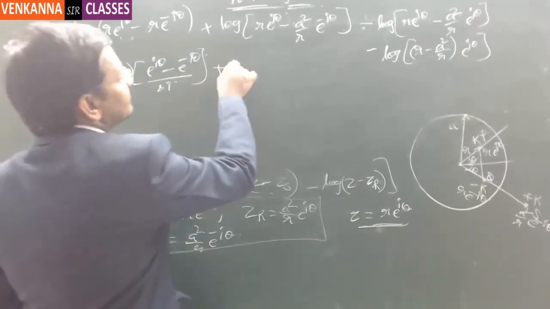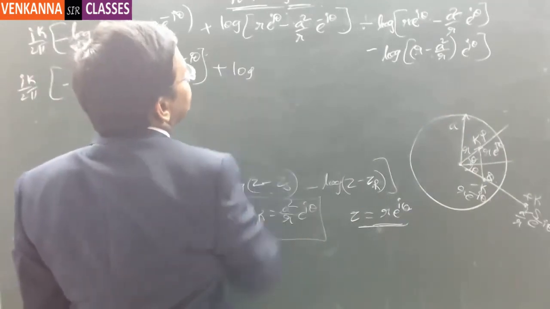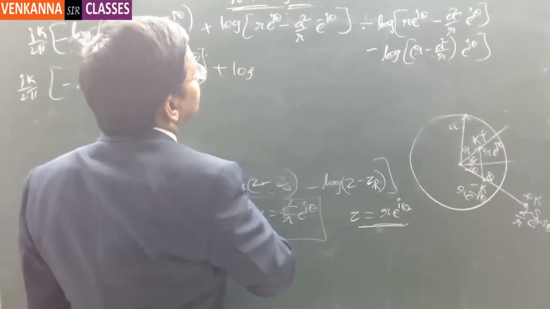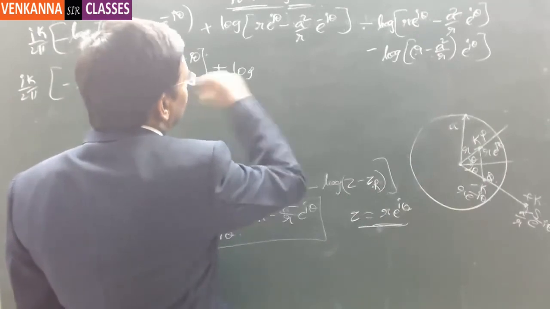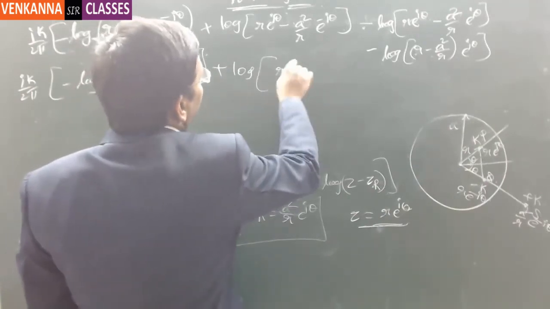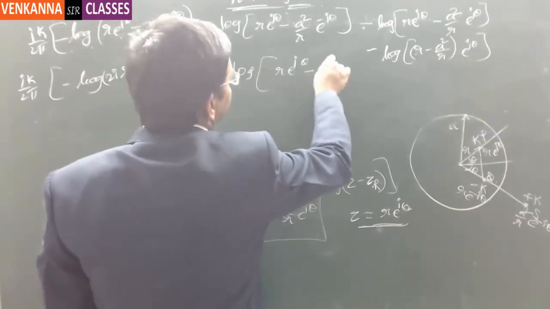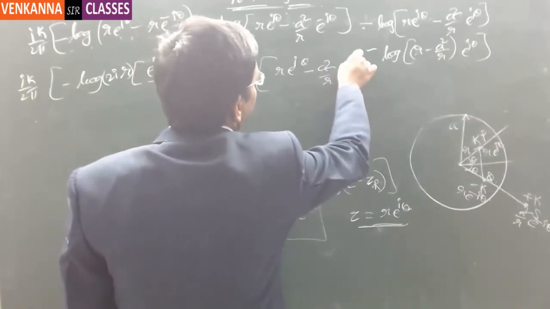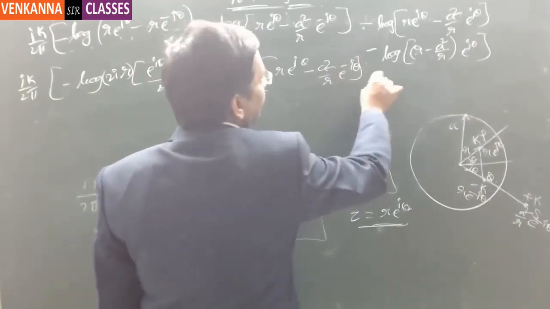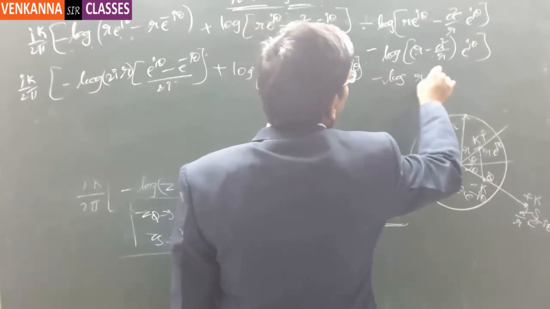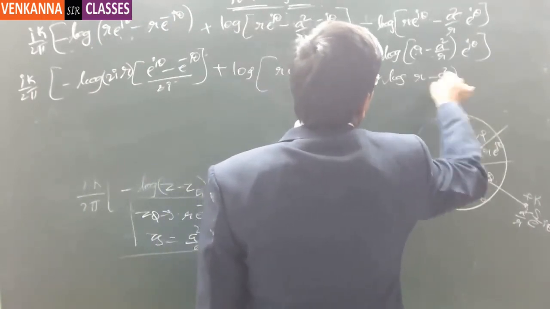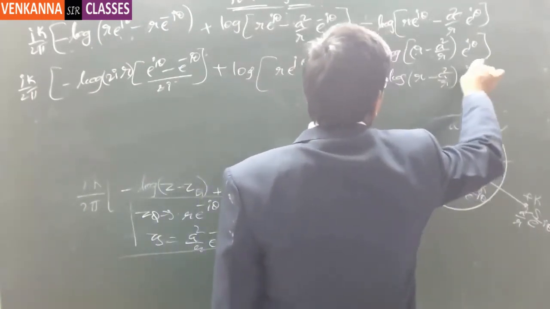And then plus log, you can keep this as it is, r e power I theta minus a square by r e power minus I theta, and then minus log r minus a square by r times e power I theta.